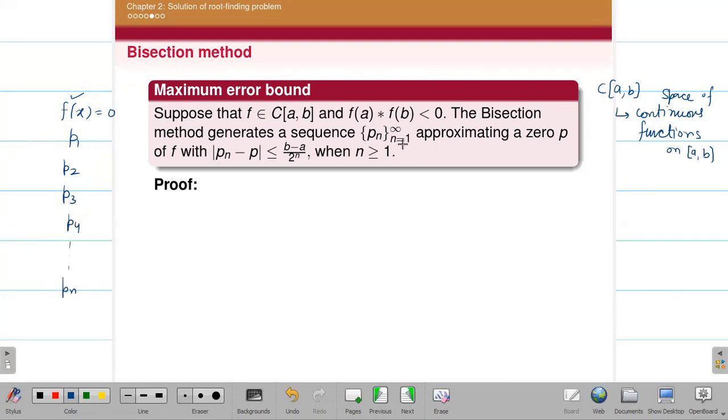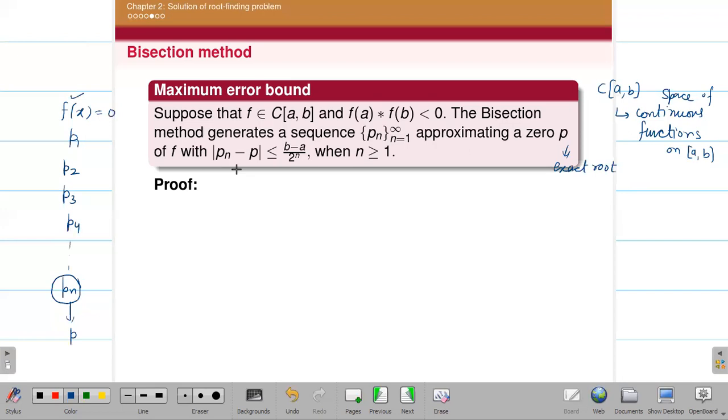So you get a sequence approximating a zero p of f, which is the exact root of this equation. So Pn approximates this p, where Pn is where you stop the method. Pn is the approximation of the root, and p is our exact root.